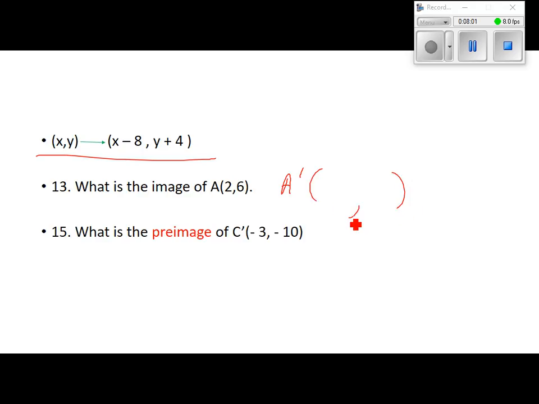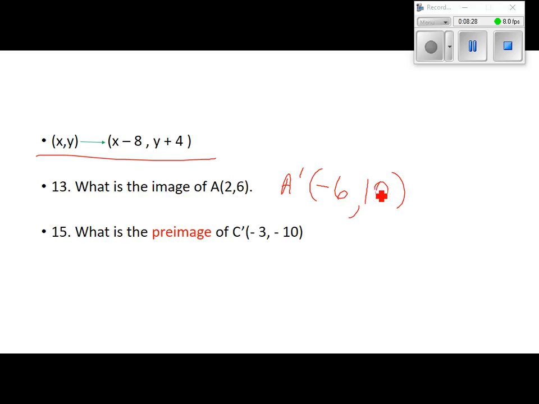What's the X coordinate for A prime? What do we do? -6. How'd you get -6? Make sure everybody understands it. 2 minus 8. So the X coordinate of this new A prime is going to be -6. What's the Y coordinate going to be? 6 plus 4, which is 10.